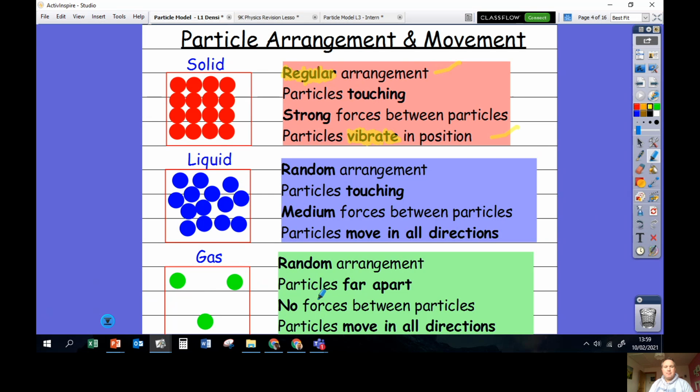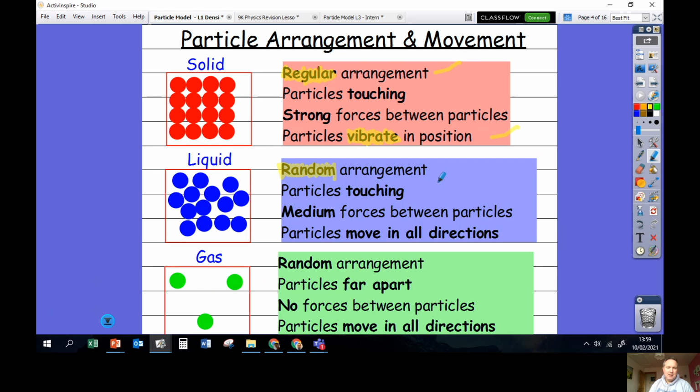In a liquid, the particles are in a random arrangement. You might have said at key stage 3 that they are jumbled up or not neat. For GCSE, again, we need to use the correct words, that they are in a random arrangement.